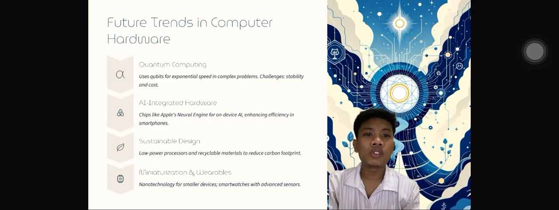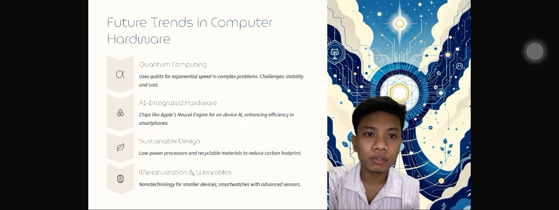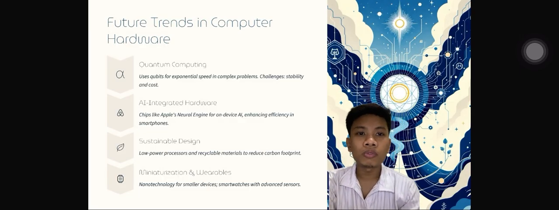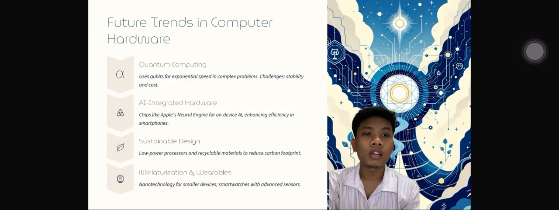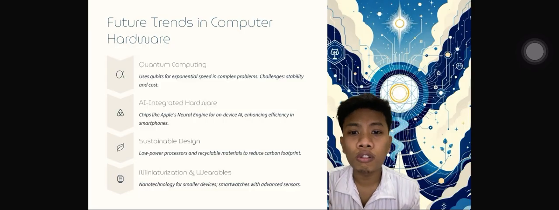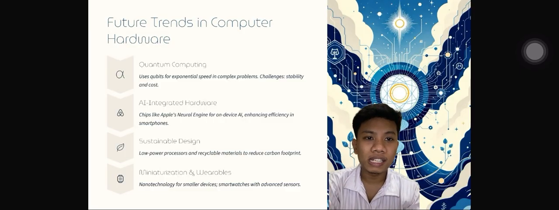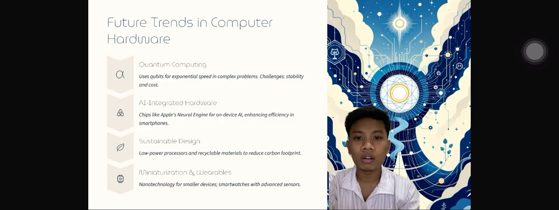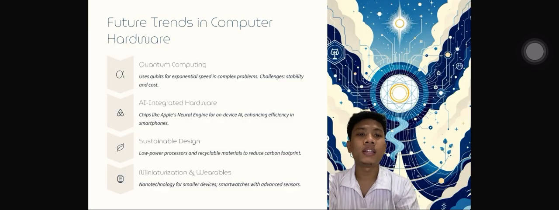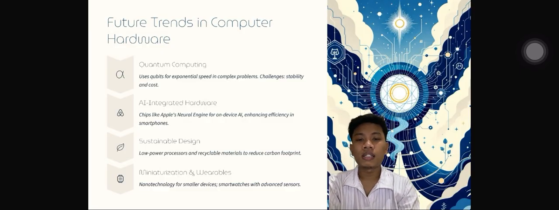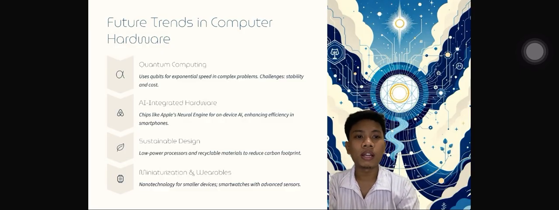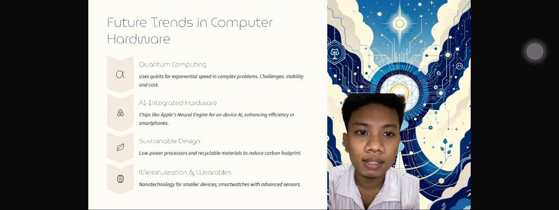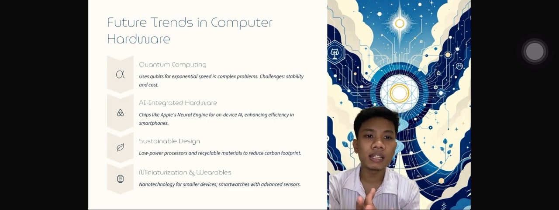Then future trends in computer hardware. Number one is quantum computing, using qubits for exponential speed in solving complex problems, for example like Google Sycamore. Number two, AI-integrated hardware. Chips like Apple's Neural Engine for AI on devices, improving efficiency on smartphones.